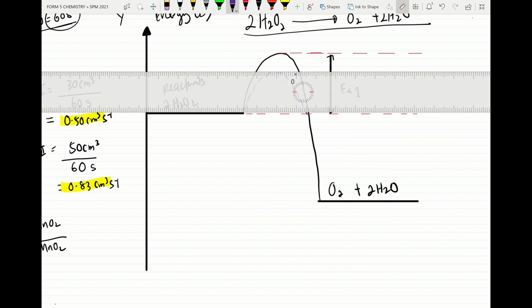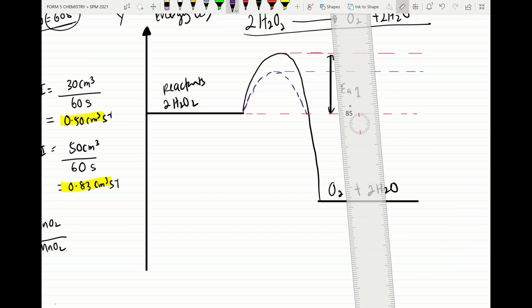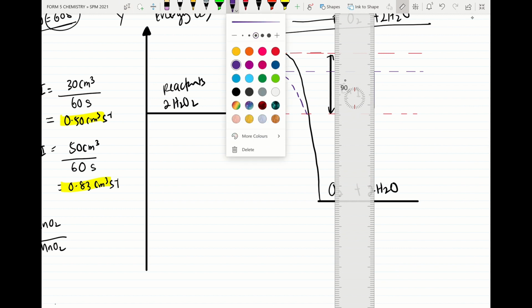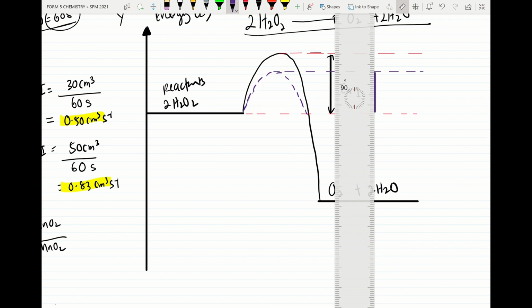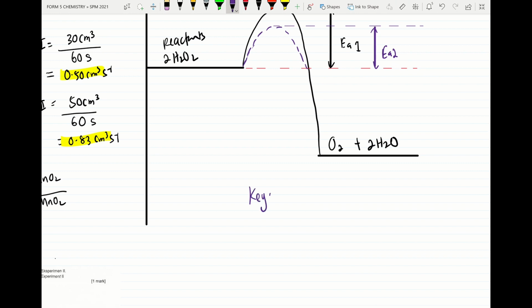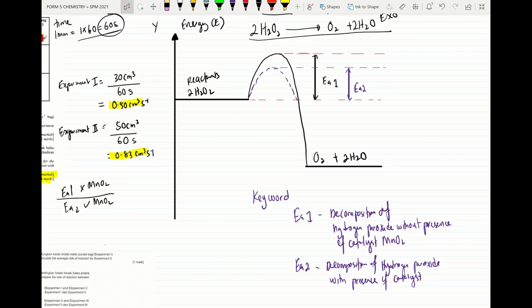We bring this one until here, then mark an arrow to show the activation energy has been lowered in the presence of catalyst. Here we label EA2. Then we can put the keyword catalyst. This is the answer students have to give in the exam. So please try to do more practice.